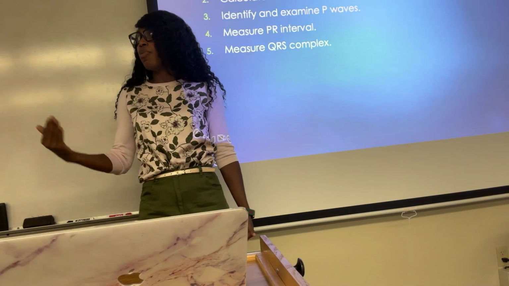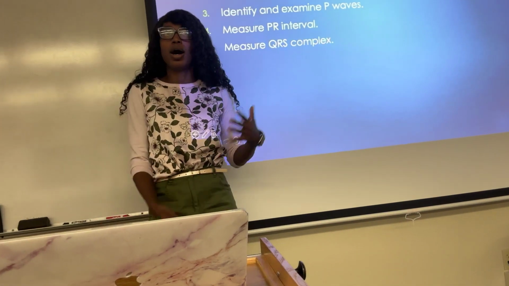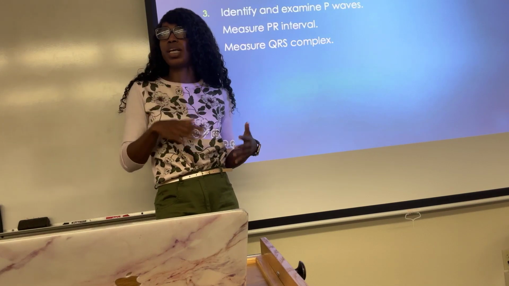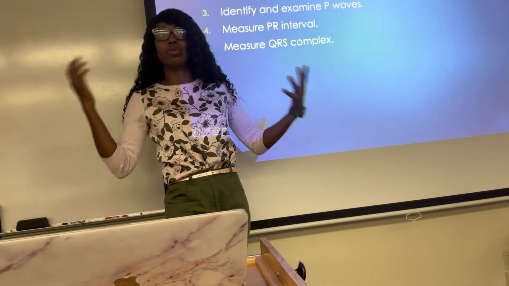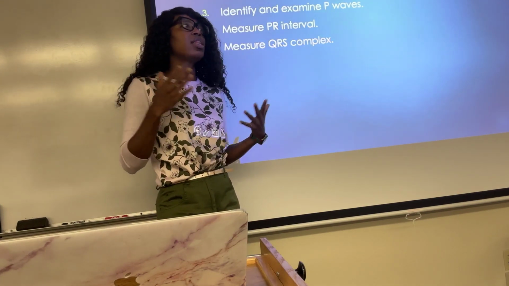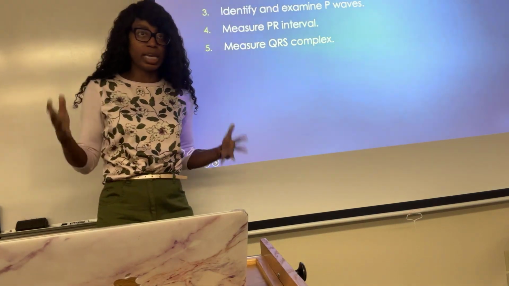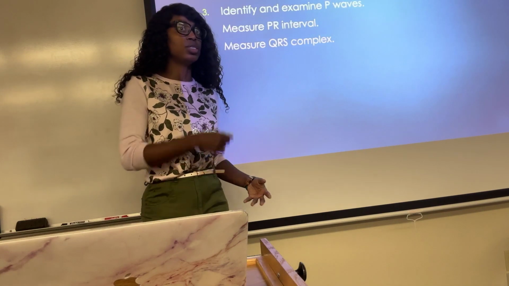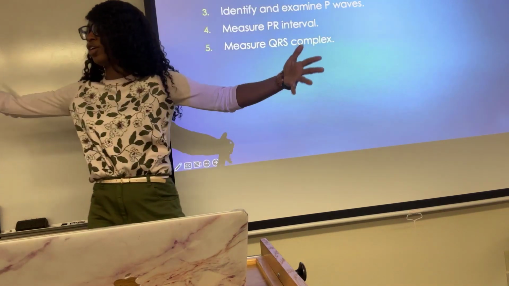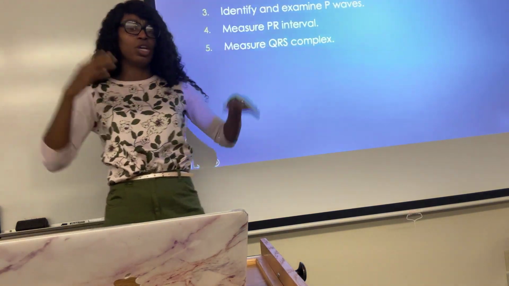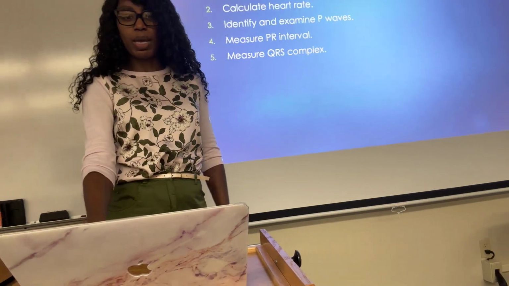If they say 0.20, right, or the words will tell us, okay, if it's wide and bizarre, right? Greater than 120 for QRS is the same thing as wide and bizarre, because greater than 120 is wider than it should be. You see the point? So you got to learn both, okay, to be able to get your answers.